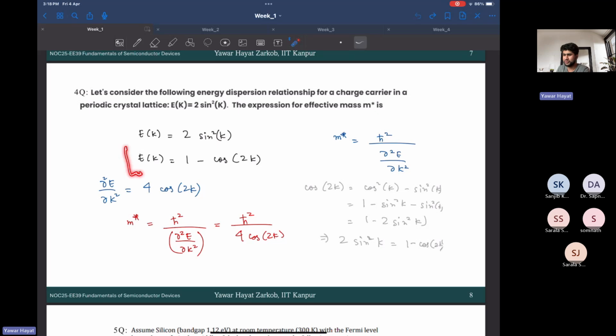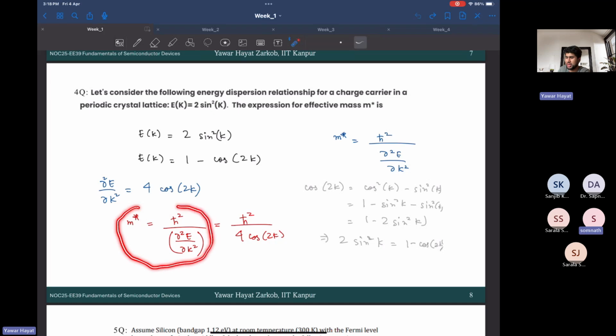I can write this using cos of 2k, which is 1 minus 2 sine square k, I guess you already know this. If I utilize that and differentiate two times, I'll obtain d square E by dk square is 4 times cos of 2k.